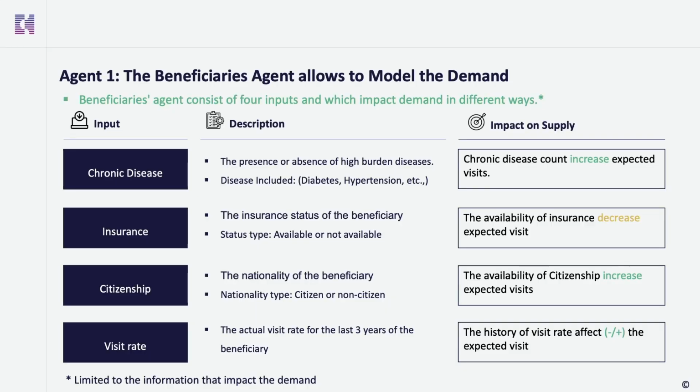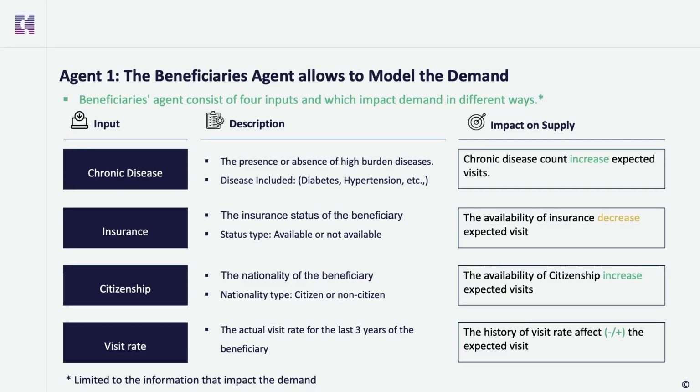The second input is insurance, whether the beneficiary has insurance or not, because in Saudi Arabia, people who have insurance often do not go to primary health care. They would go to hospitals or the private sector. And the presence of insurance will decrease the expected visits.